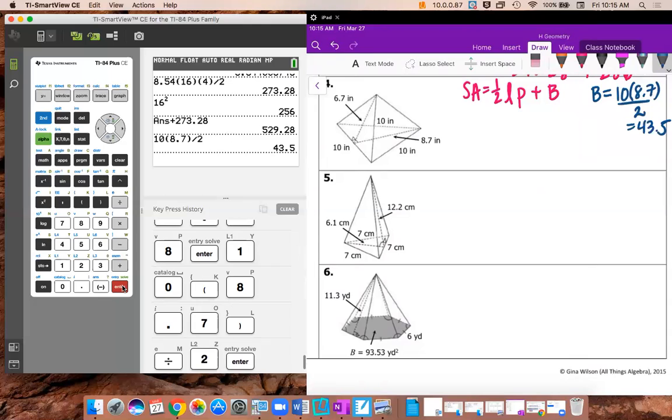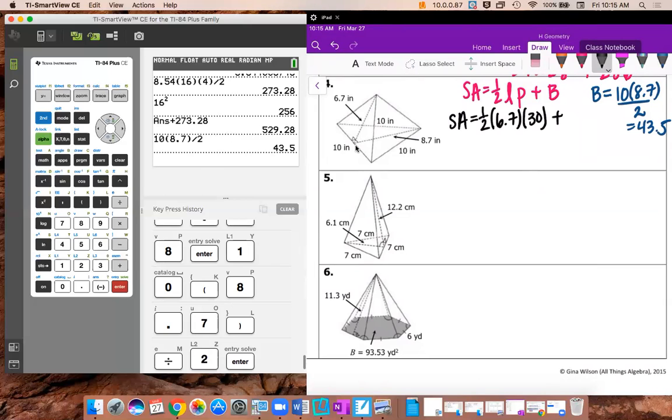And then it looks like we have all of the other information to plug into surface area. So we have the perimeter of our base is just 10 times 3. We have our slant right here is 6.7. So now we can just plug it in. So we've got surface area equals 1/2, slant height was 6.7, perimeter of my base was 10 times 3, so 30.